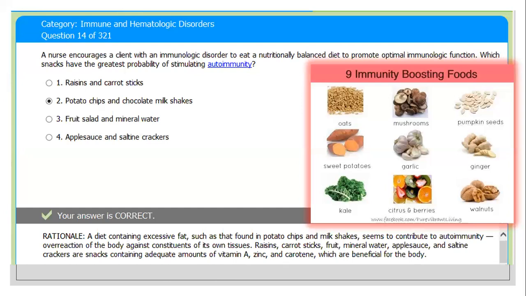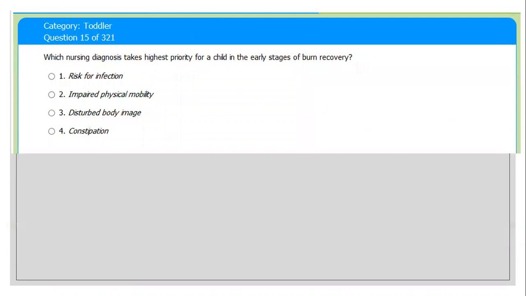But potato chips and chocolate milkshake stimulate autoimmunity. There are foods that bolster the immunities, like oats, mushroom, pumpkin seed, sweet potatoes, garlic, ginger, citrus fruits, and walnut.